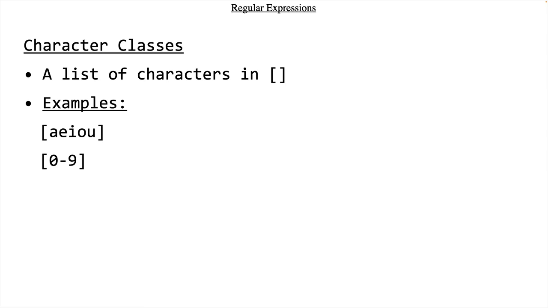If I wanted all the alphabet characters, knowing that a lot of languages and systems are case sensitive, I might have this character class, one of the 26 characters from capital A to capital Z, or one of the 26 characters from lowercase a to lowercase z. So that would be alphabetic characters.